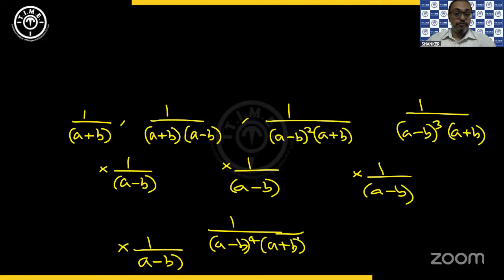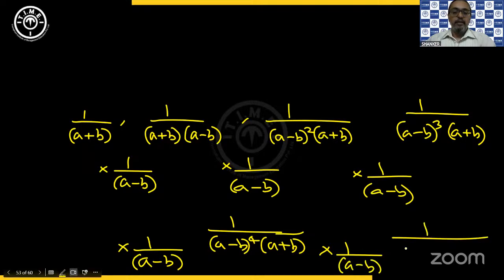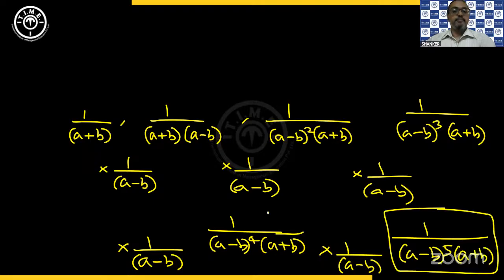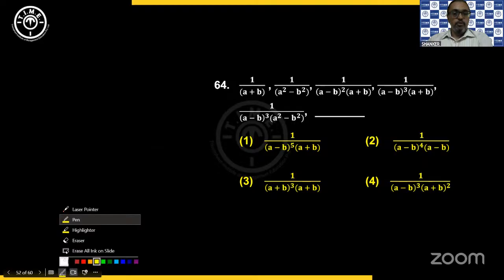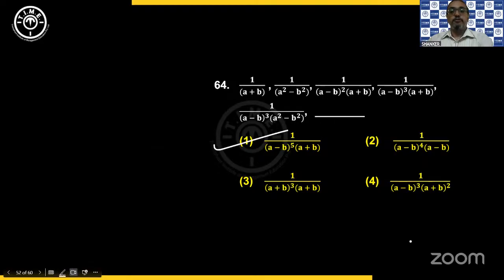I hope you are understanding the difference. Then again you multiply 1 upon a minus b. So you'll get 1 by a minus b to the power 5 into a plus b. So this is my answer. Correct? So that is what you pick. 1 upon a minus b whole to the power 5 into a plus b. That's available in the first option. Okay?